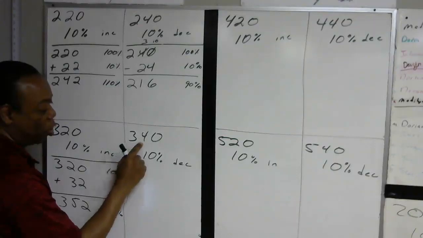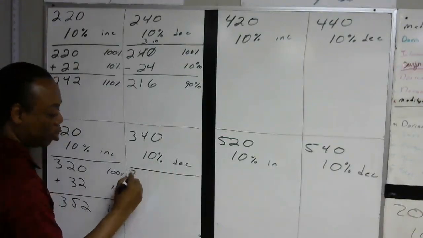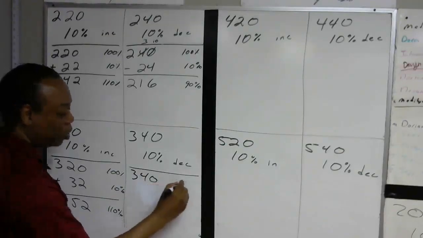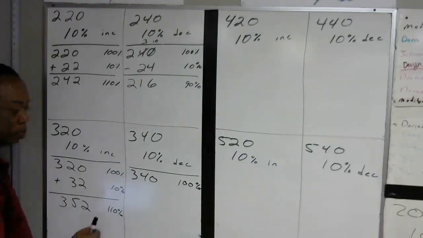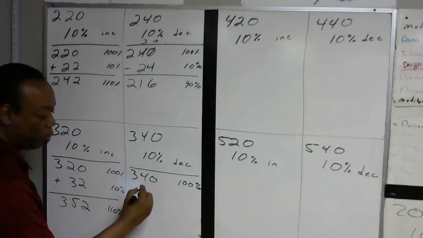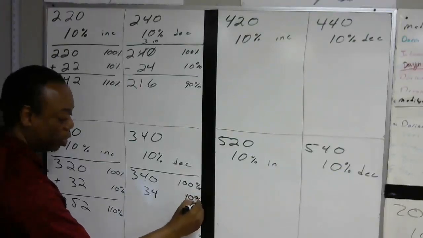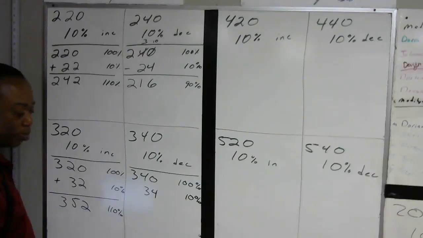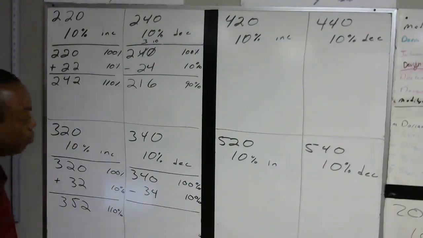Okay, 340 with a 10% decrease. 340 represents 100%, or the original amount. 10% of 340 will be 34. This represents 10%. A decrease we'll find by subtracting.